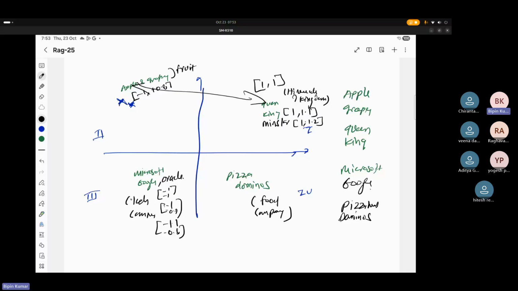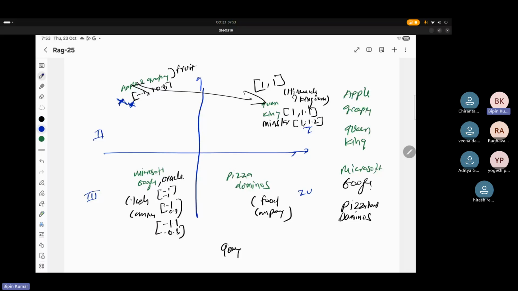Okay, so again, for example, if I ask some word, maybe fruit, my query is fruit. Let's say I have these words and embeddings, and my query is fruit.